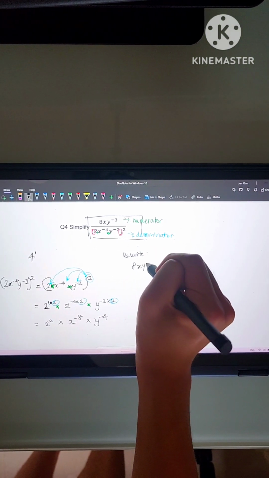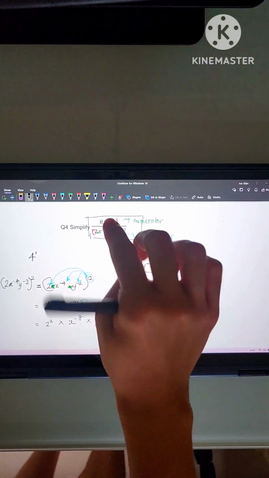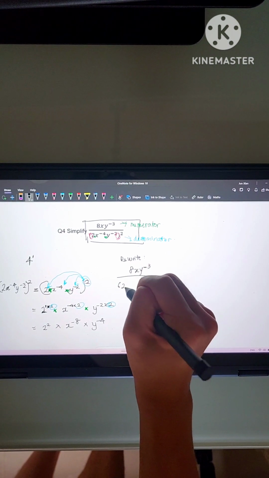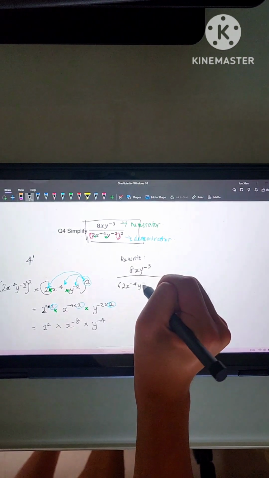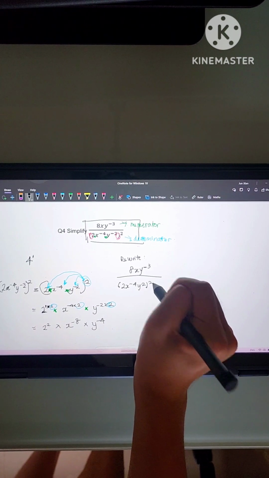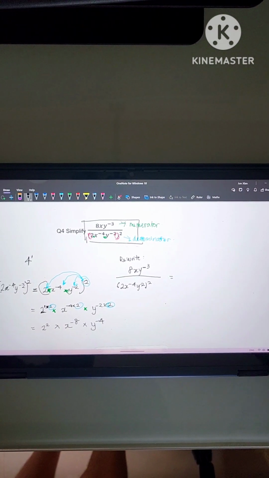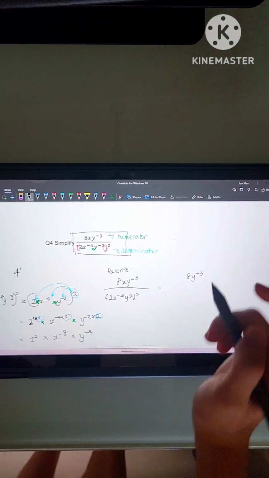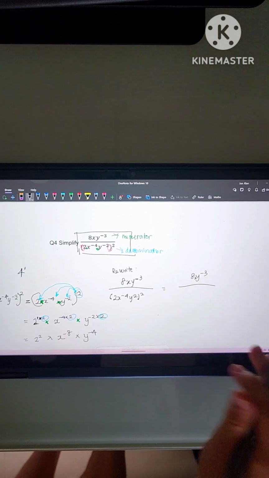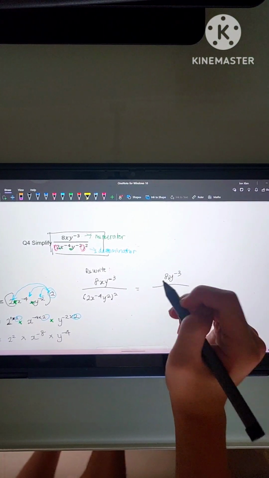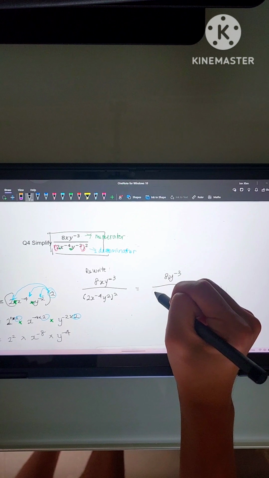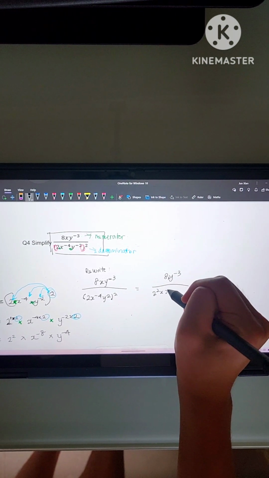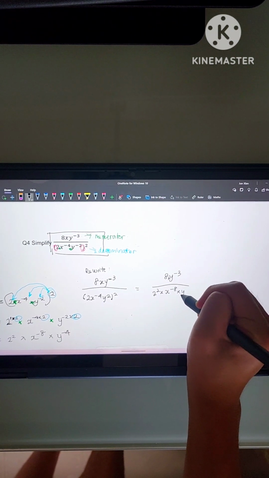8xy to the power of -3 over, we'll use the same equation first for presentation, equals 8xy to the power of -3, and let's not forget the x, over 2 squared times x to the power of -8 times y to the power of -4.